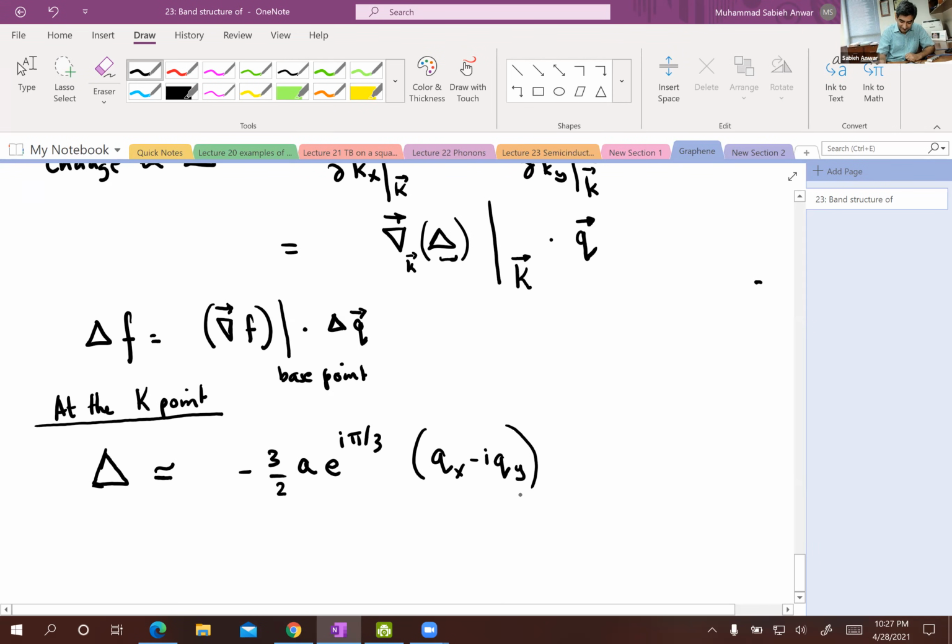All right, so this is my new delta in the vicinity of my K point.